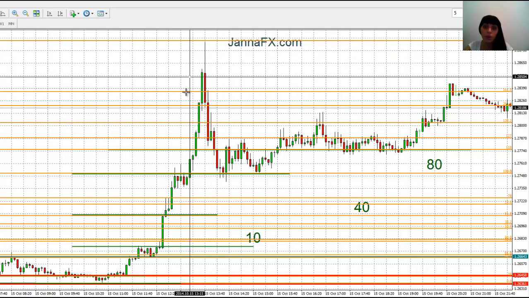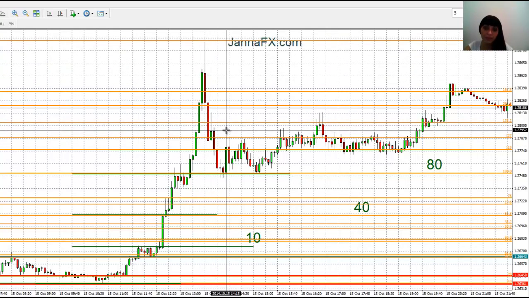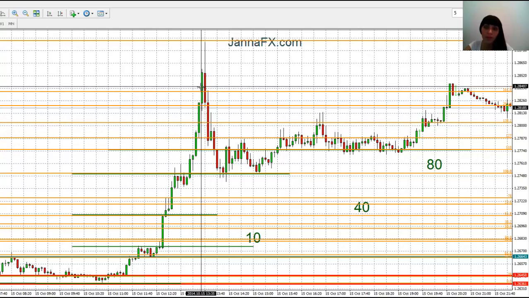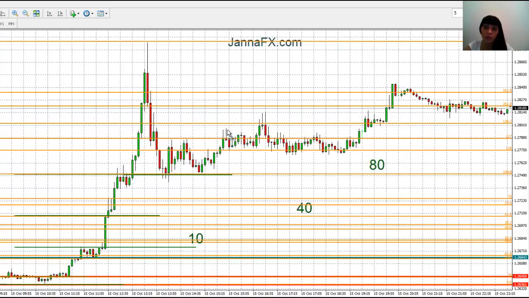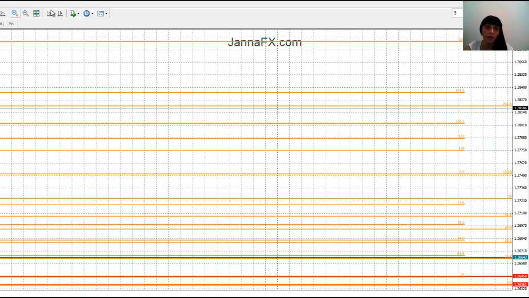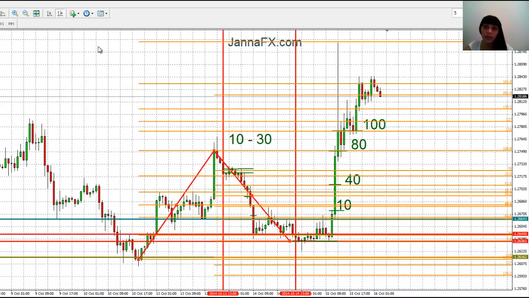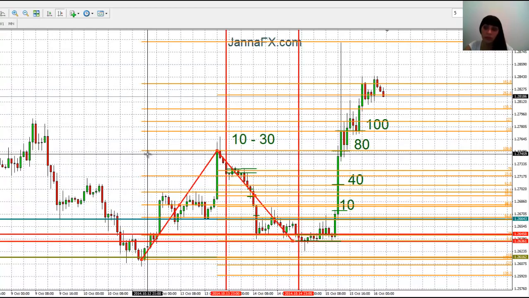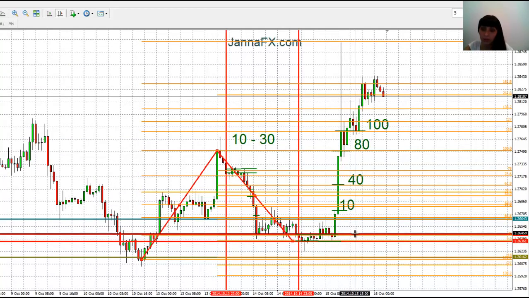So you could have closed your positions here or moved 30 pips and walk away with the profit between 80 to 100, or even more than 100, like 150 if you would close at level 160. Then it looks like it was possible when you're looking at that other one.